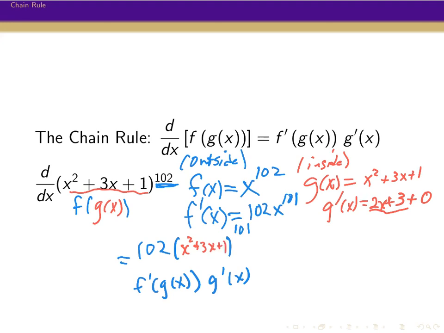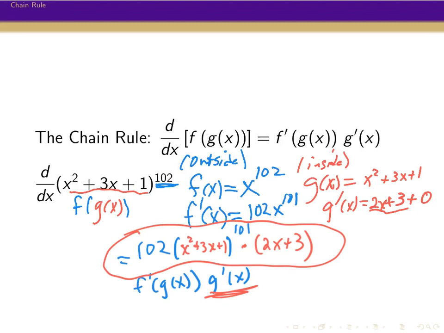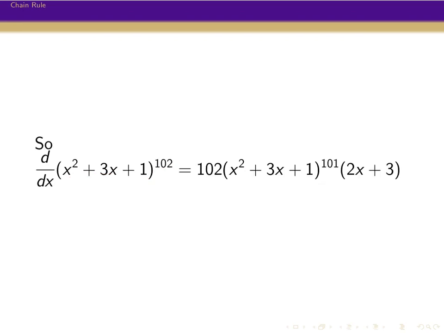And then at the end, I'm going to multiply by the derivative of the inside, which is 2x plus 3. So overall, the derivative here is 102 times x squared plus 3x plus 1 to the 101 times 2x plus 3.